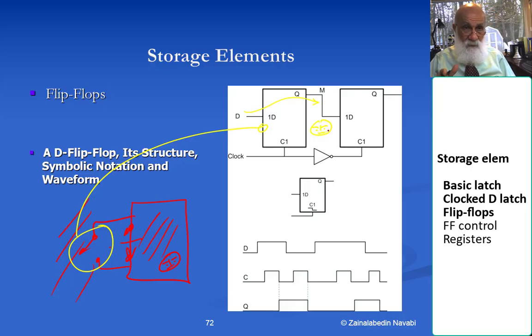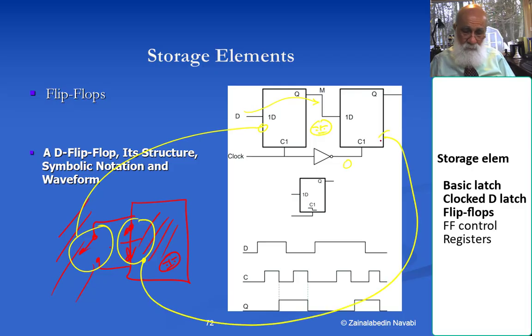When the clock is 1, this one is 0, and therefore this latch, which corresponds to this door, is closed. As soon as my clock becomes 0, this latch closes, and then the person here propagates from here to here, shows up over here.